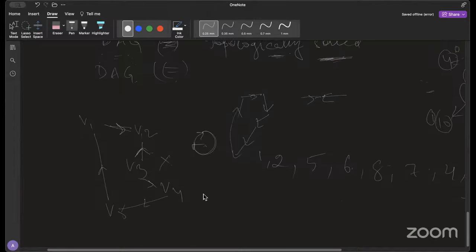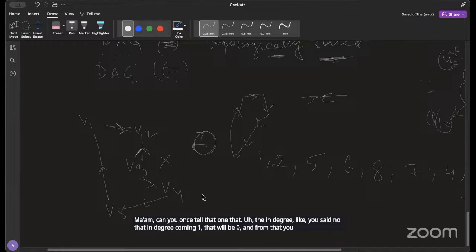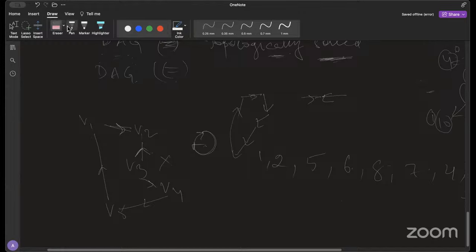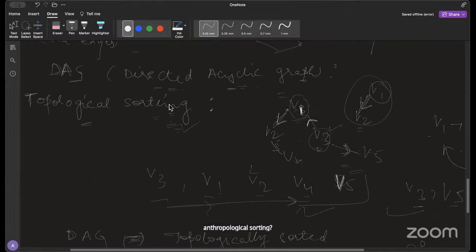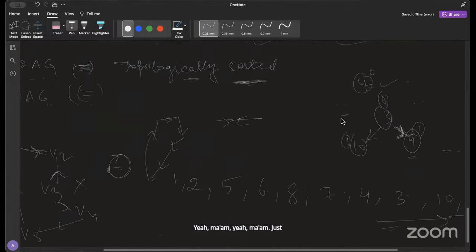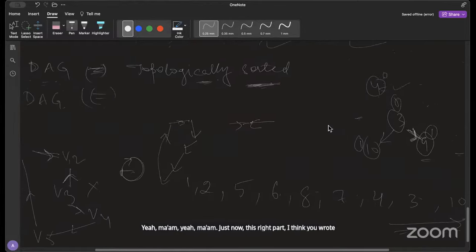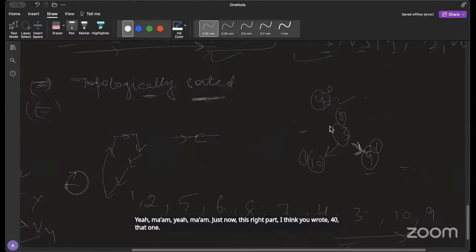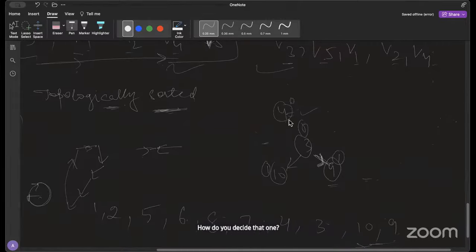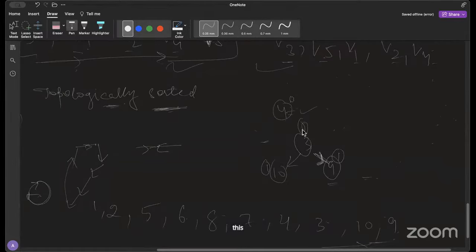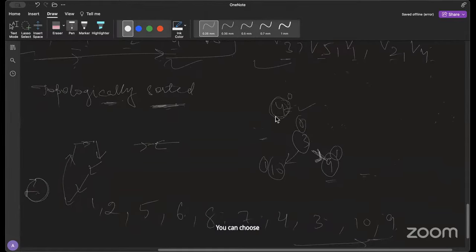Can you tell how the in-degree 0 vertex is used in topological sorting? How do you decide that 4, the 0, one? You can choose any one with in-degree 0.